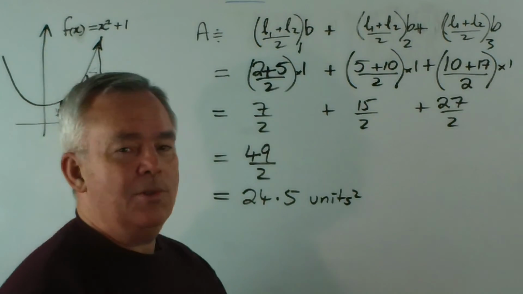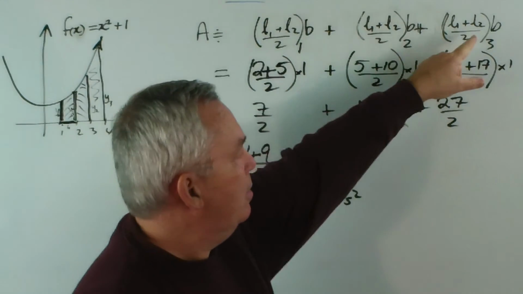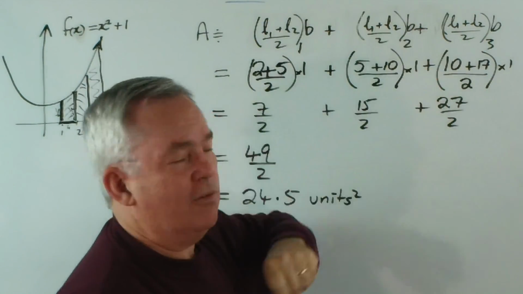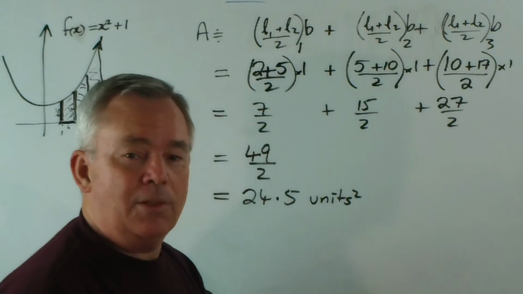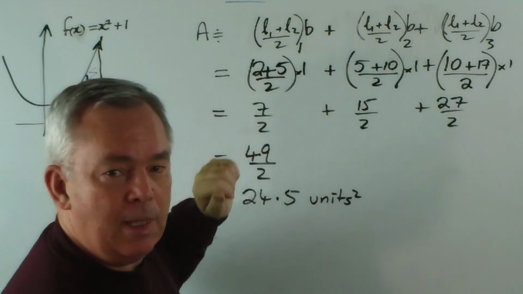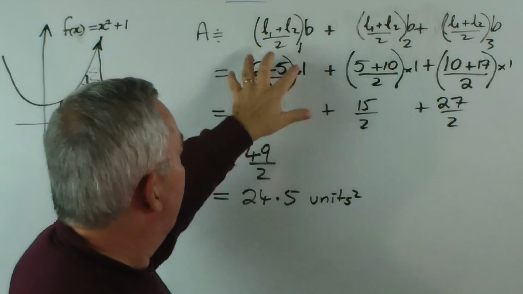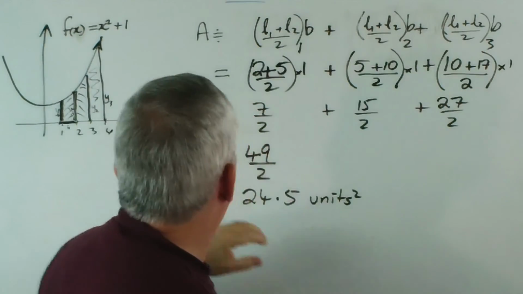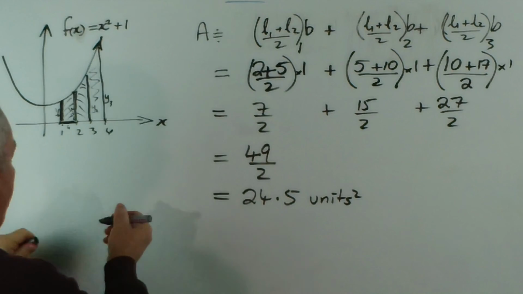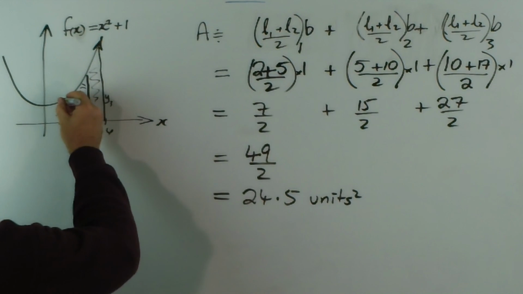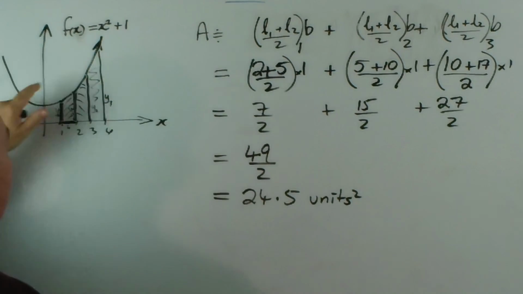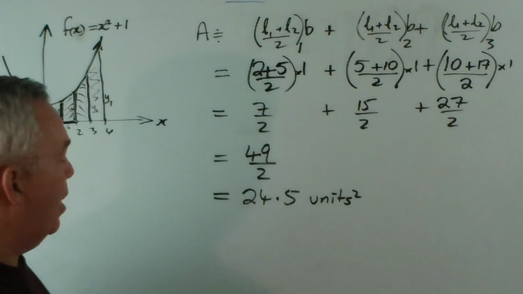This is not the most mathematical expression. It is more preferable, certainly if you're working at a higher level of mathematics, to use the function notation or the y notation rather than this. But this is perfectly adequate demonstration of the trapezoidal rule, where we use 3 trapezia to find the area of the three formulae rather, to find the area of the 3 trapezia which closely match the shape of the curve for this parabola.